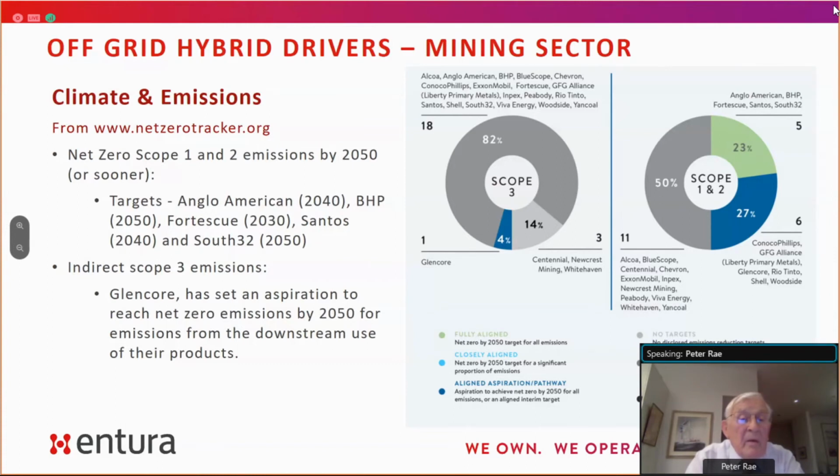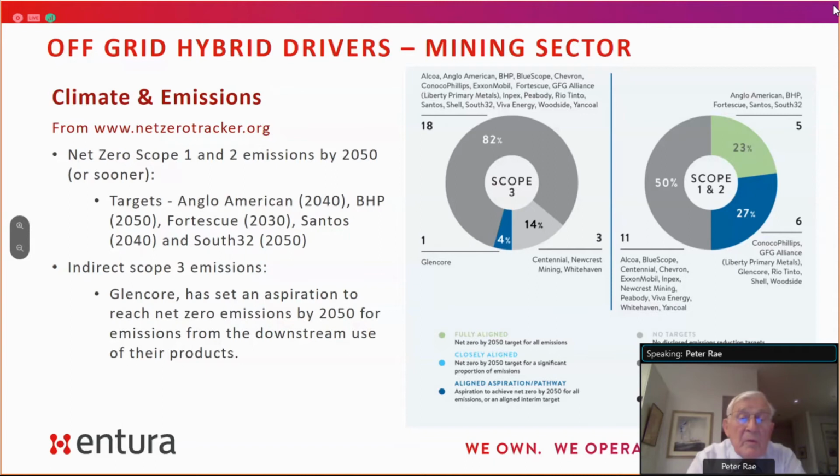Many mining companies are taking strong measures in relation to that and using Entura's skills to assist them. Fortescue is a particular company which has developed a very strong lead in how to replace carbon-causing forms of generation with renewable energy.